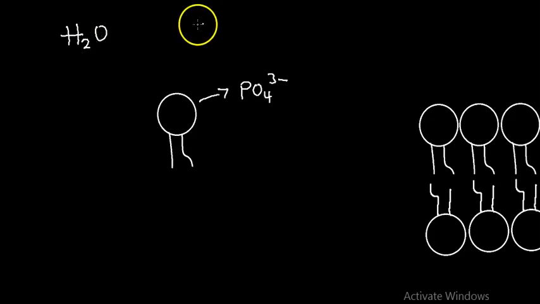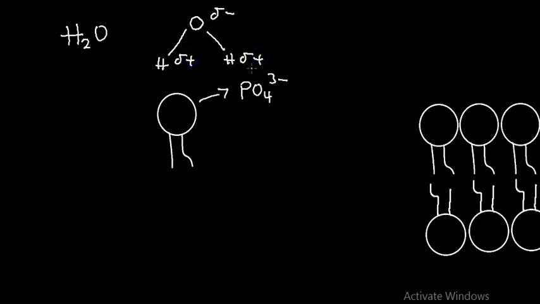So the structure of water is 1 oxygen bonded to 2 hydrogen. And we said the oxygen atom is slightly negative and the hydrogen atoms are slightly positive.